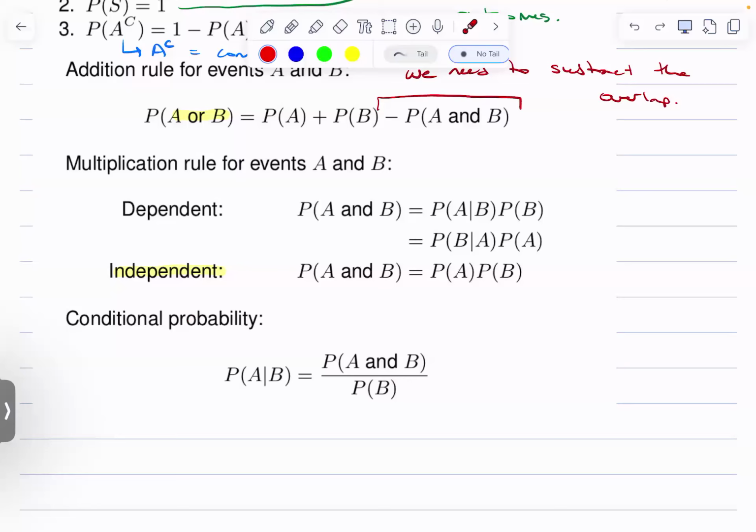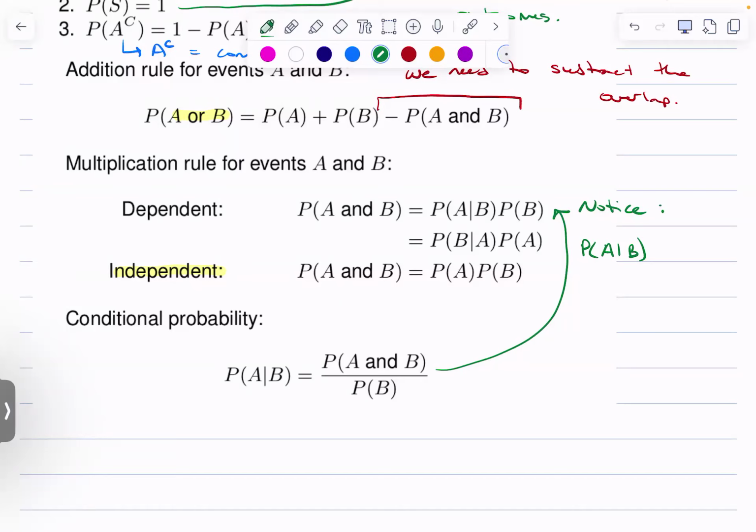Notice that if you have the probability of A given B, which we learned how to read last day, but again, we'll see it more today. The vertical line you read as given.